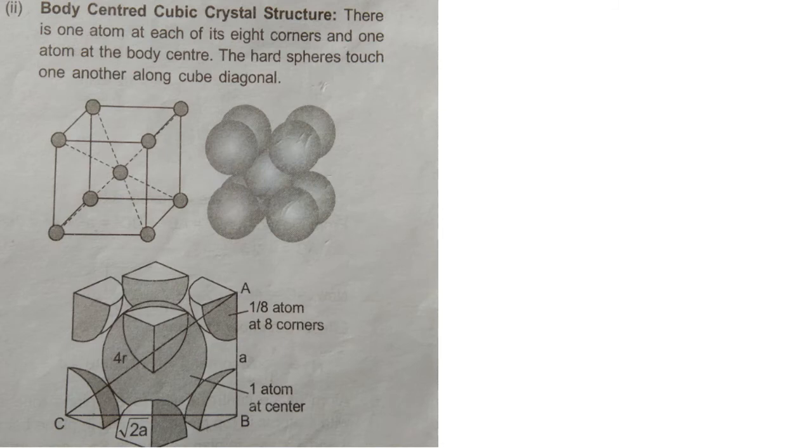Next, the body centered cubic structure, BCC. Body center means one atom is at the center of the body. SCC means simple cubic structure, with eight atoms at each corner, but body center means one atom is present at the center of the body.